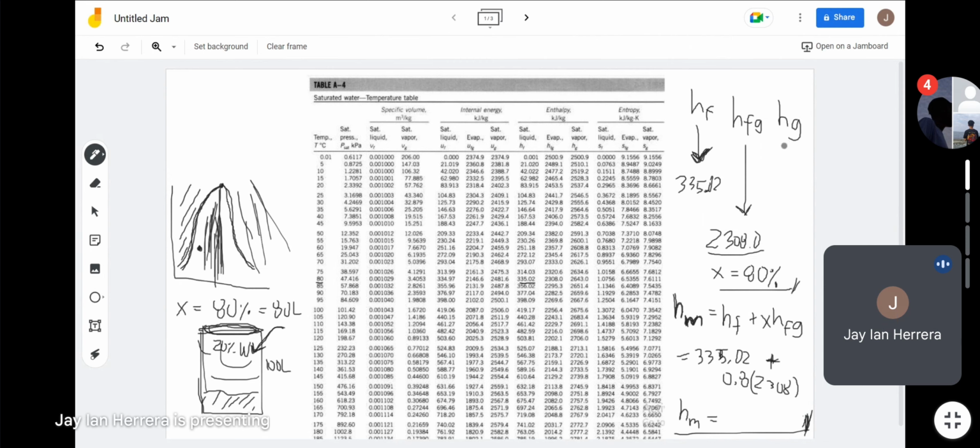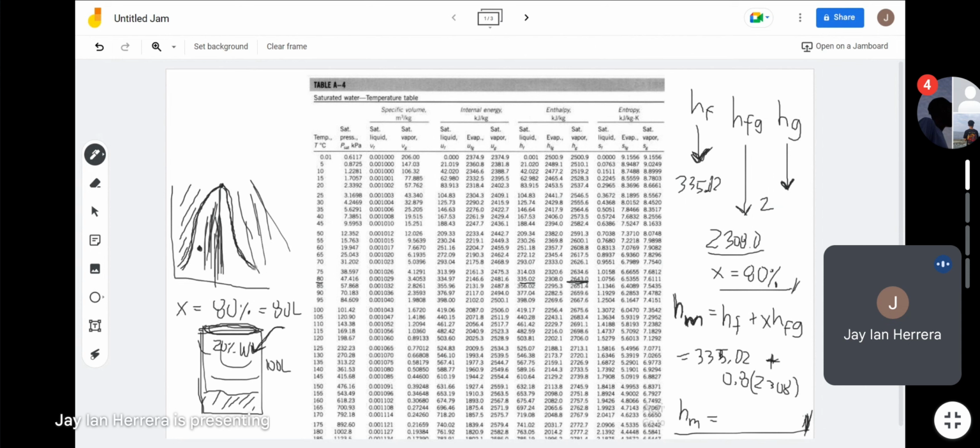And then hg, syempre yan yung enthalpies natin at saturated vapor. So for 80 degrees Celsius na saturated temperature natin, ayan, nandito yung enthalpy niyan. So ang enthalpy niya, before maging superheated steam, nandito yan, diba?